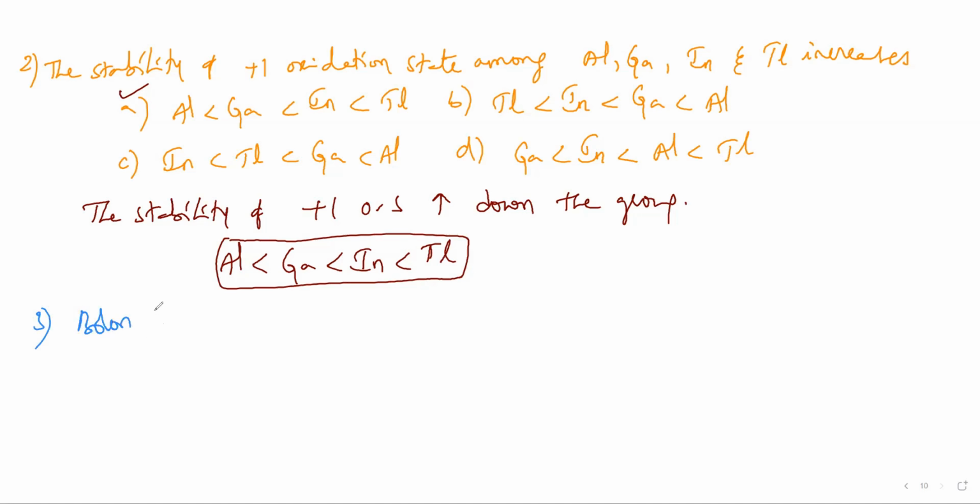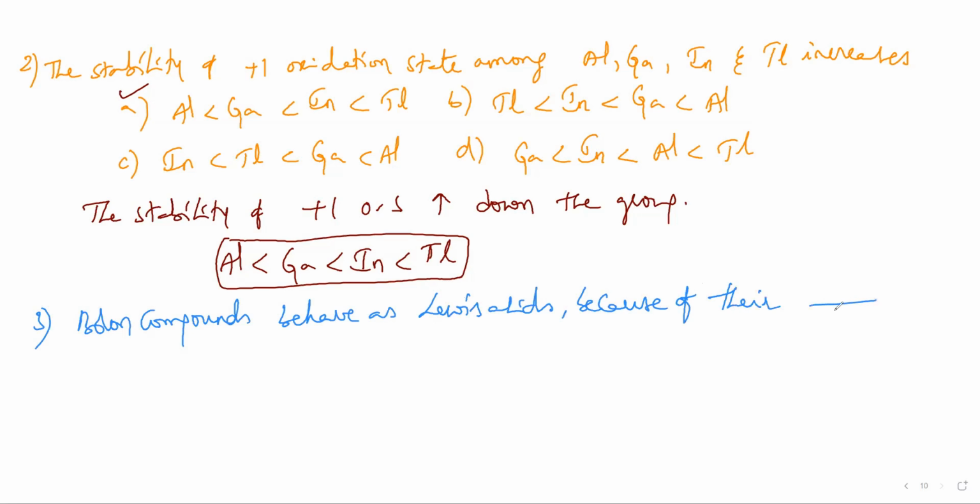Boron compounds behave as Lewis acids. Because of why they behave as Lewis acids?